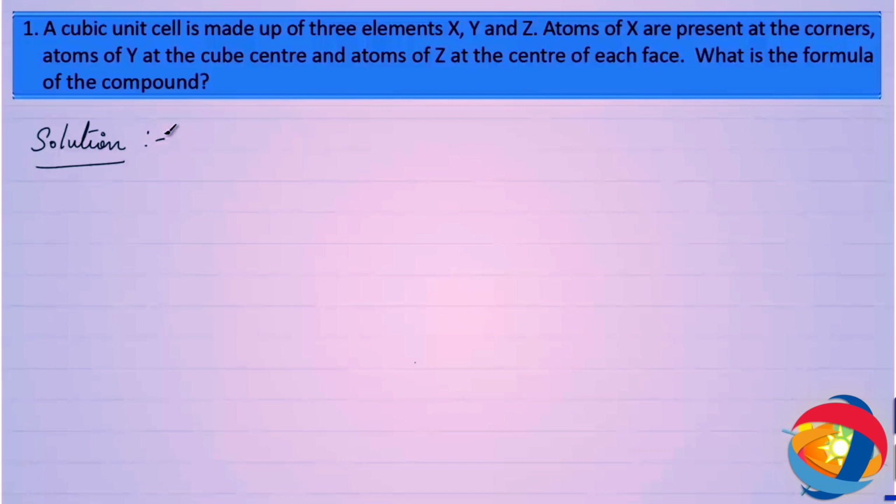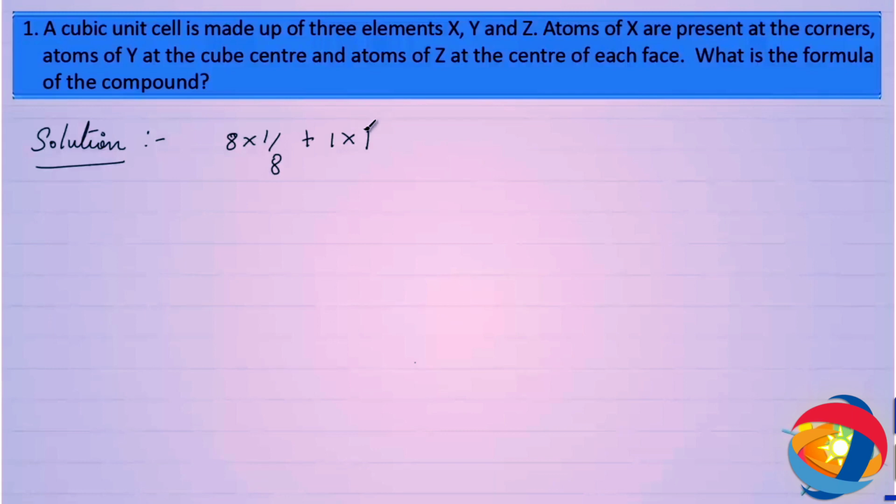Let's solve this problem. There are 8 corners in a unit cell. 8 atoms of X occupy them. Therefore, the contribution of X atoms per unit cell is given as 8 into 1 by 8. In addition to that, we also have the cube center, which is occupied by only one atom in a unit cell. Therefore, the contribution of Y atoms per unit cell is given as 1 into 1.